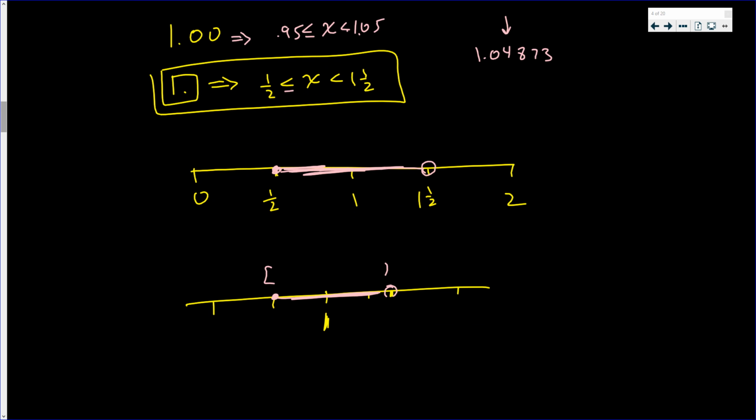You have 1 here, and you have 1.005, and you have 0.995. Okay, if you're rounding to 2 decimal places, because we have 2 decimal places in the 1, since that is 5 or more, we add 1 to the 99 and we get 1.00.